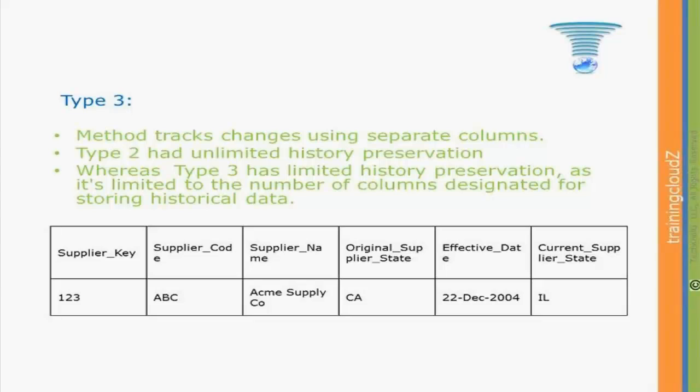There is something called a type 6 dimension. Trust me, don't get confused. Can anyone guess what a type 6 dimension is, guys? Skipping 4 and 5. Okay, silence always indicates I should answer. Type 6 is just a combination of 3, 2, and 1.